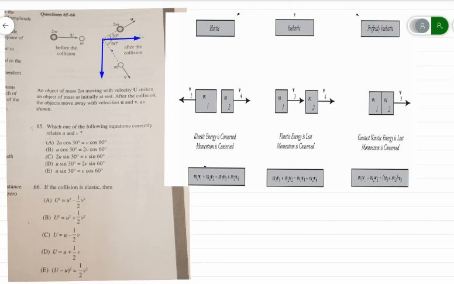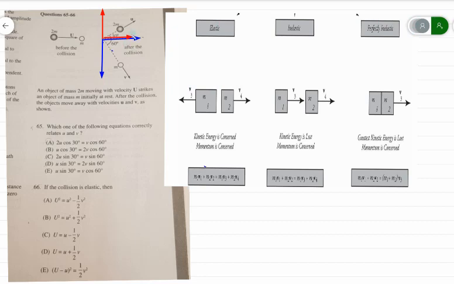Similarly, for this object, the momentum can be split into this direction and this direction. But at the very beginning, there is no vertical momentum. So if the momentum is conserved after the collision, then this momentum must be the same as this momentum, so that they cancel each other, resulting in no vertical momentum.